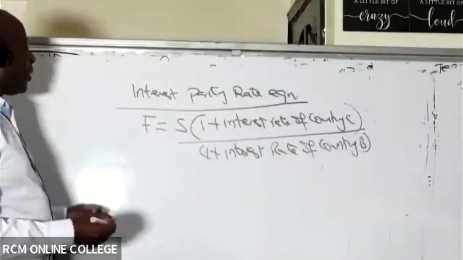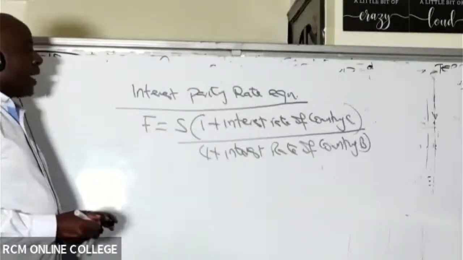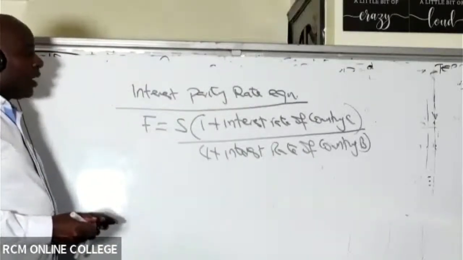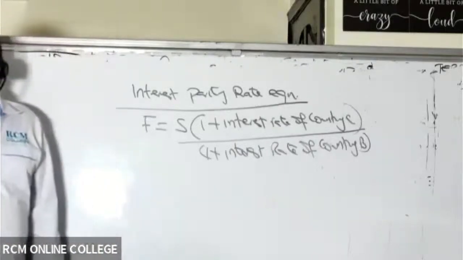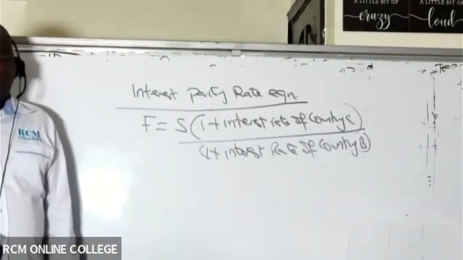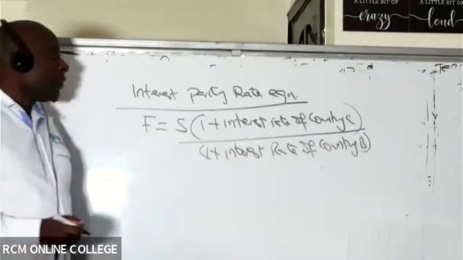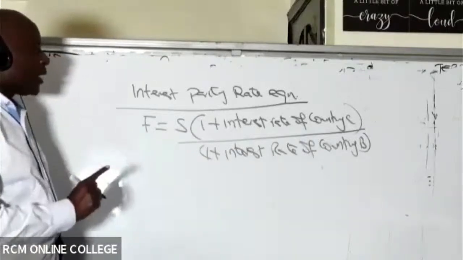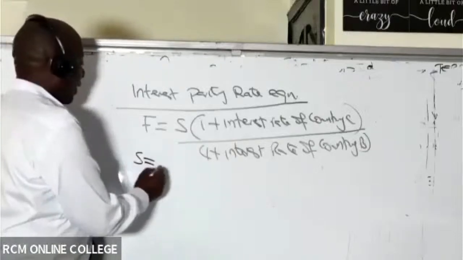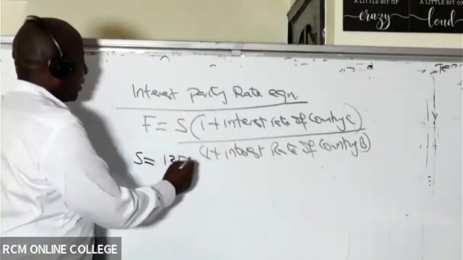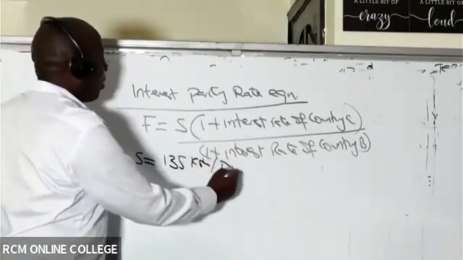So F equals S into 1 plus interest rate of country C all over 1 plus interest rate of country B. Country B. So ladies and gentlemen, I would want us to contextualize this by looking at an example. So assuming that today S is 130 Kenya shillings per dollar.